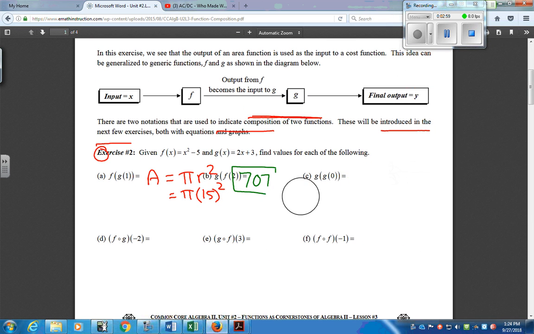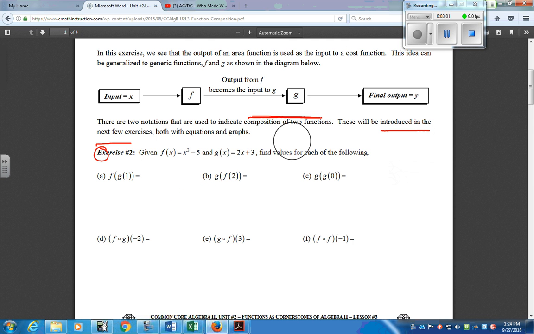Now, here's the thing. You want to work inside out. So for A, for example, they want us to take the number 1, and they want us first to put it into G. So I'm going to take my rule for G, which the rules are up on the top. I'm going to put the 1 in for x in G. So I'm going to do 2 parentheses 1 plus 3. Now that one's pretty easy to do. I'm just going to do that in my head. I've got 2 times 1, 2, plus 3 is 5.